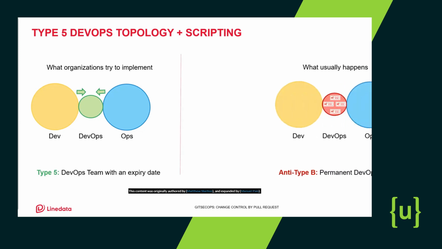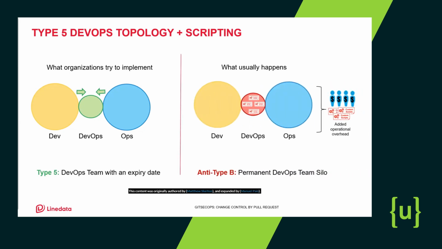Well, unfortunately, more often than not, that doesn't really work out. What you end up with is another silo that wrote the scripts and they're the only ones that know how they work, the only ones that can execute them.